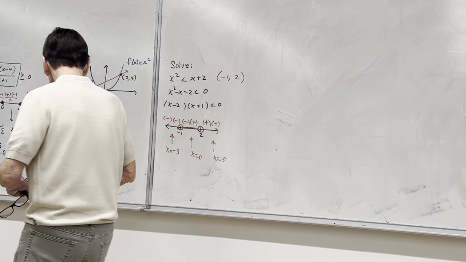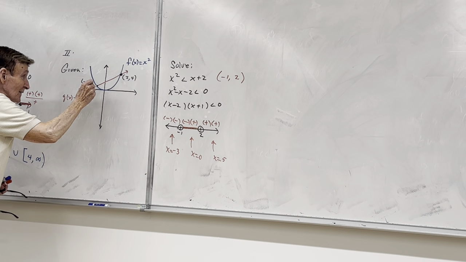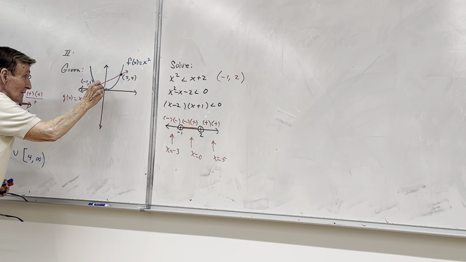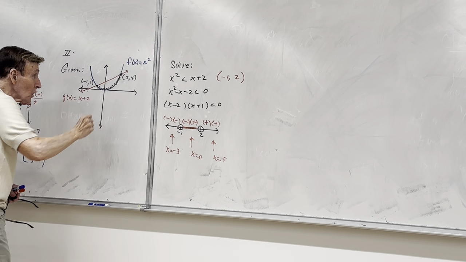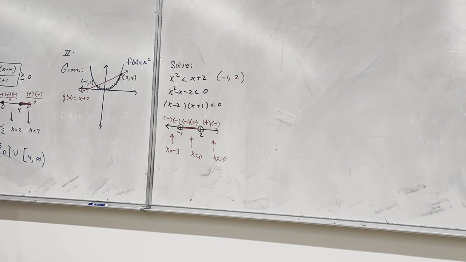And guys, if I shade where that happens, when is the blue below the red? Please tell me, is it below the red here? On the blue. Is all that below the red? There's the answer. And when is that happening? From negative 1 over to what?